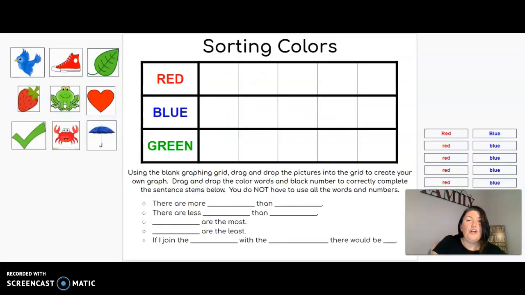Then on your third slide, you're going to have the opportunity to create a graph of your own. All you have to do is drag and drop the pictures into the row that matches their color. When you're done with that, use the words and the numbers to complete your sentence stems.